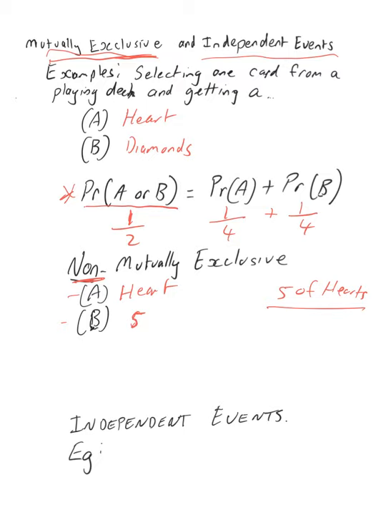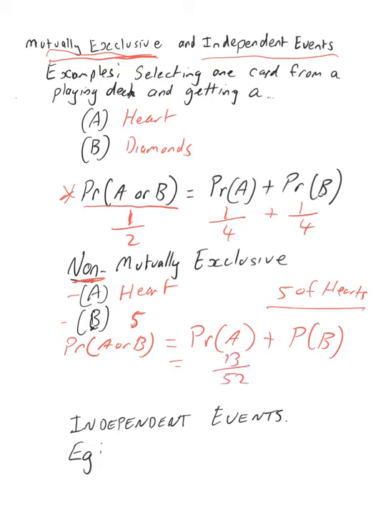And if we try to apply the law above, we'll see that it doesn't work, okay? So if we had P(A or B), then we know the probability of A, in this case, or if we try to apply this law, we'll see that it doesn't work. All right. So the probability of getting a heart, as we know, is 1/4, or I'll work as 13 out of 52.